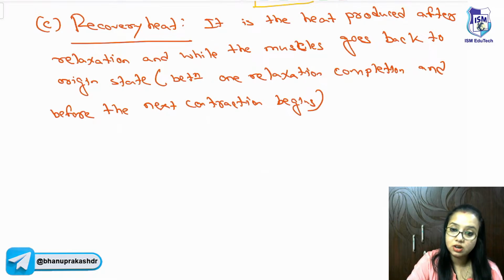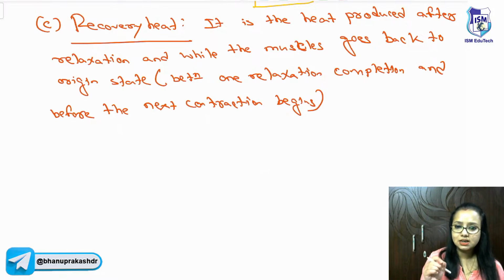Now during this phase also a little bit of heat is produced by the lengthening of the skeletal muscle fiber. During contraction it becomes smaller. Now during relaxation and recovery state it will again enlarge and go back to its original condition.